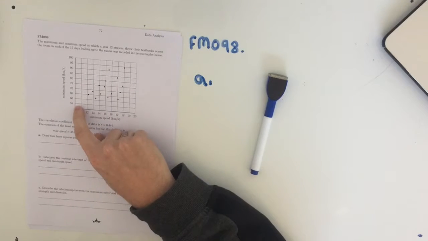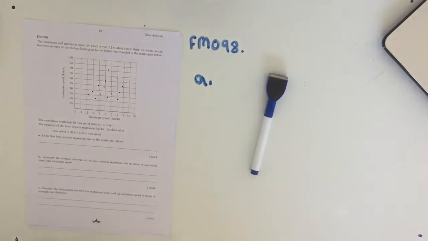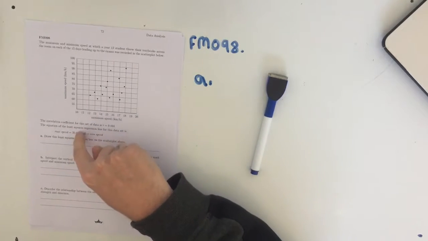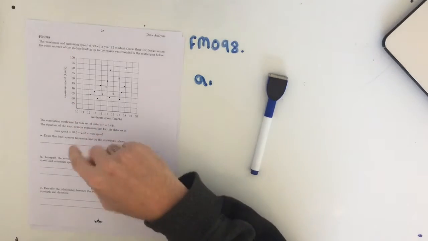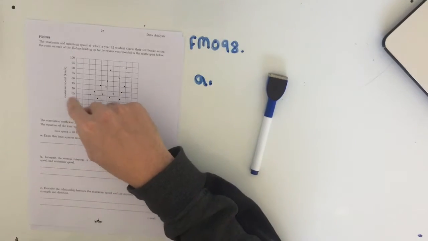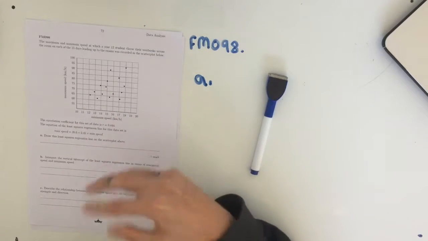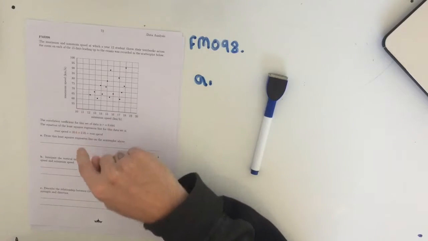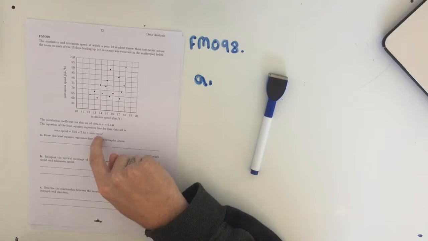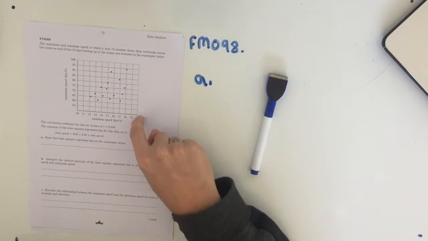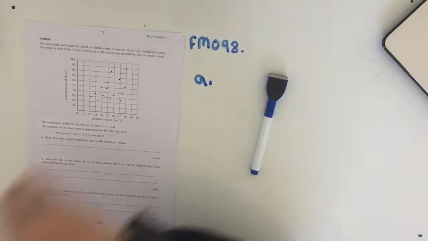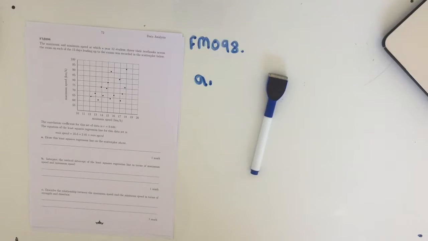So we've got to make sure that what we plot on this graph isn't actually going off of the y-intercept of 35.6. It would be somewhere down here, but actually figuring out what the value of y is at this point, the way I'm going to do it is figure out the value of the max speed when the minimum speed is 10, and then the value of the max speed when the minimum speed is 20. Plot those two dots and then draw a line between them because that'll give me that regression line.